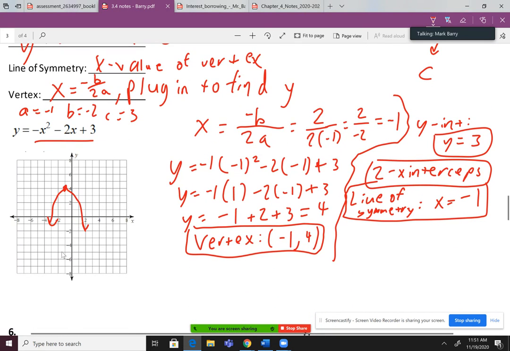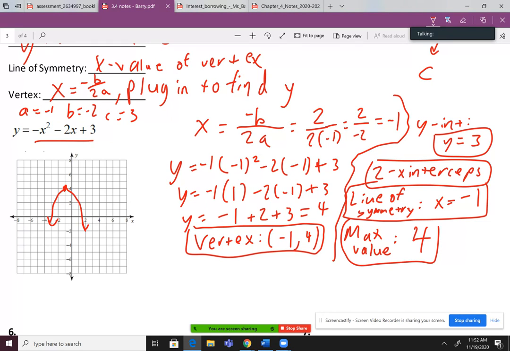And then lastly, our max or min value. If I look at my graph, it's opening down, so that means the vertex is the maximum value. And that's always the y value of the vertex. The highest point, the highest y value on the graph, is 4.